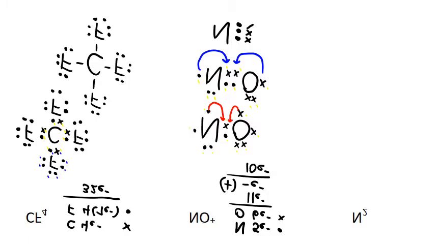But now when I count bonding electrons, there's 1, 2, 3, 4, 5, 6. Nitrogen has 7 and 8. Oxygen also has 7 and 8. And so I've got a molecule that has satisfied the octet rule.